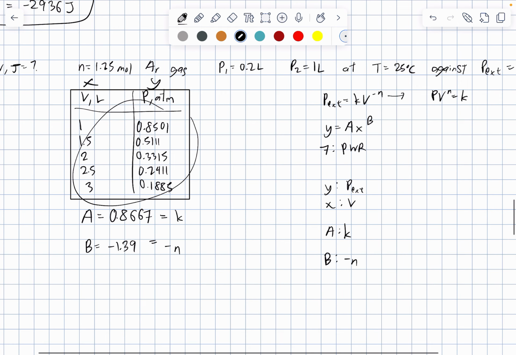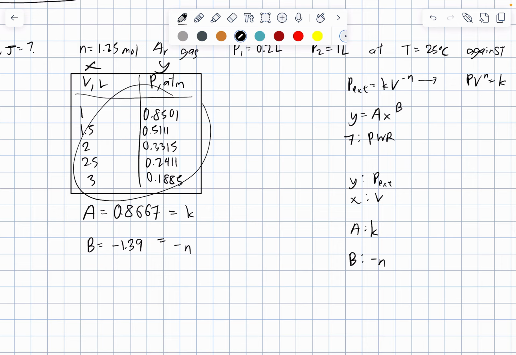Let's now bring it back to the original equation. P external. Wait. So we're still tasked to look for work, no? In this scenario. So work equals negative integral P external.